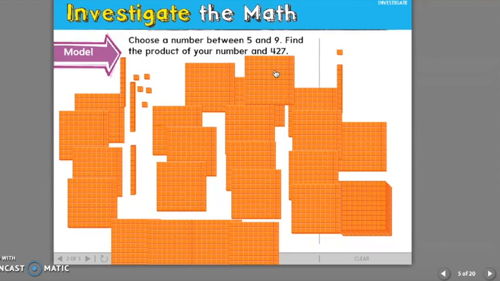Now I can count my hundreds, and I have 1, 2, 3, 4, 5, 6, 7, 8, 9, 10, 11, 12, 13, 14, 15, 16, 17, 18, 19, 20, and 21. So that's going to give me 2 groups of thousands because it's 21 hundreds.